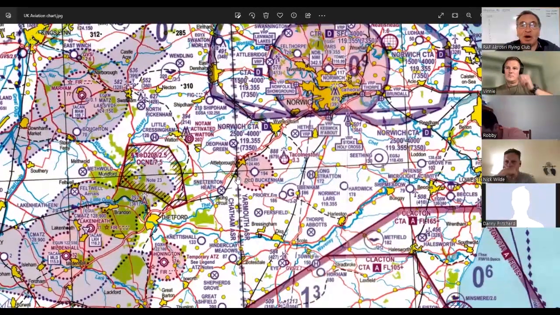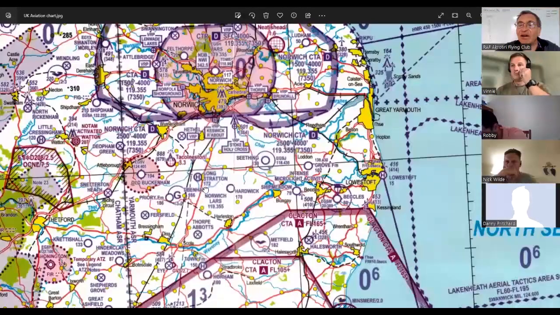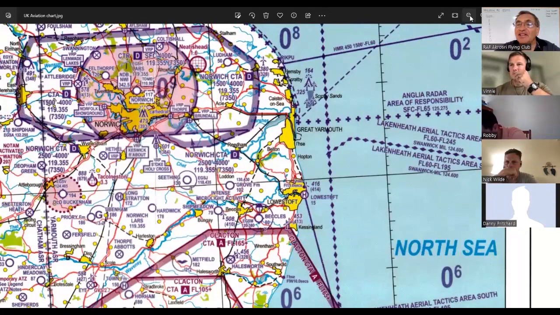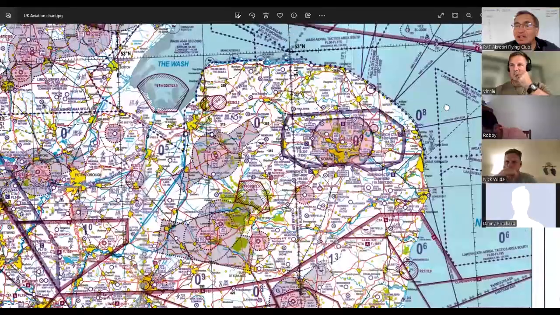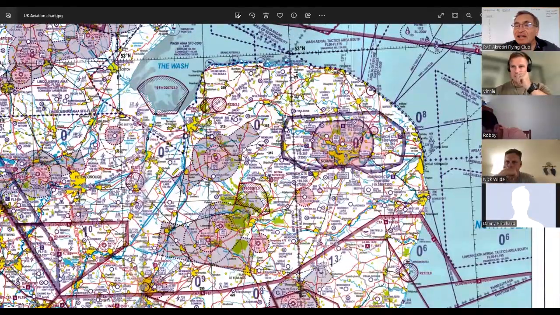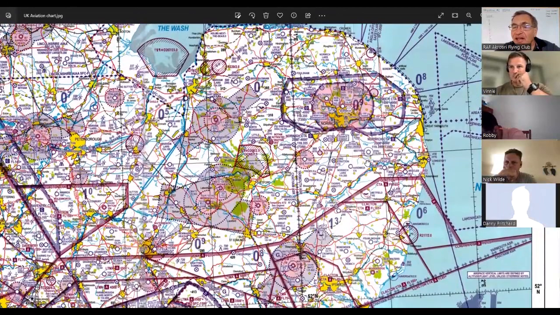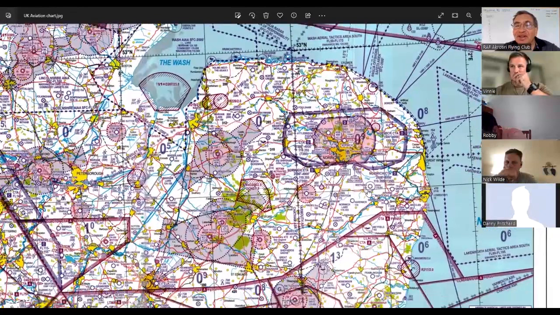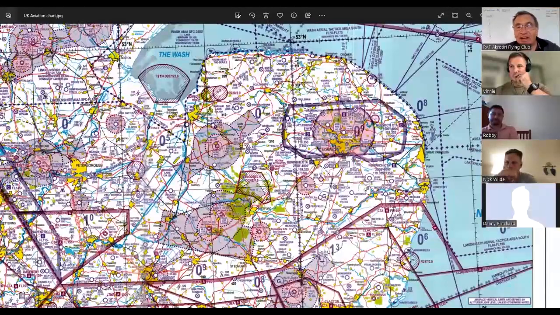So you'll notice that Old Buckingham is on this line of latitude here, and that is midway between 52 and 53. So we know that Old Buckingham is halfway between 52 and 53.